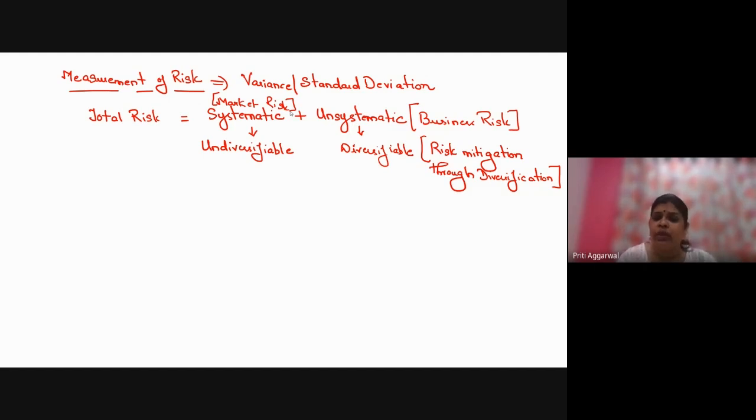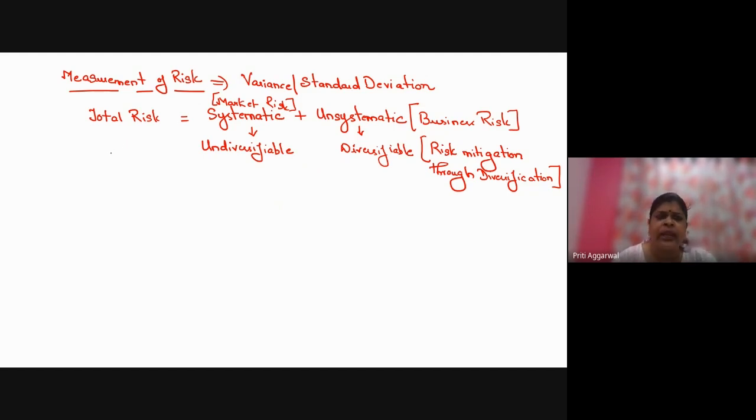But friends, one thing we are all aware of is that when we talk about total risk, the systematic risk is undiversifiable, and unsystematic risk is diversifiable. And with the help of diversification, we can mitigate the unsystematic risk. This is what we have already learned.